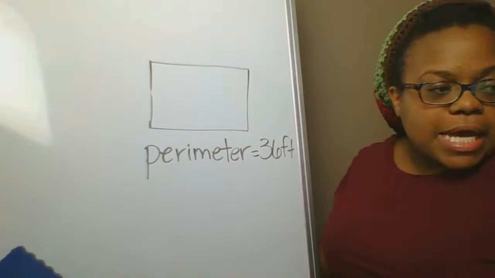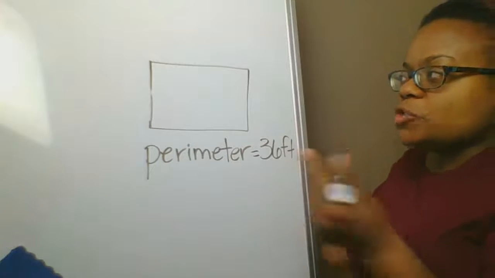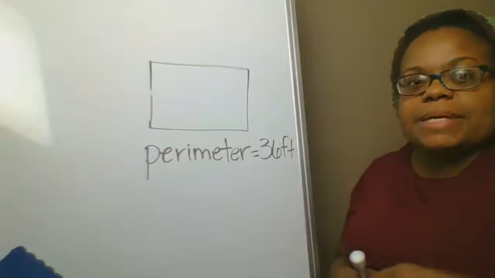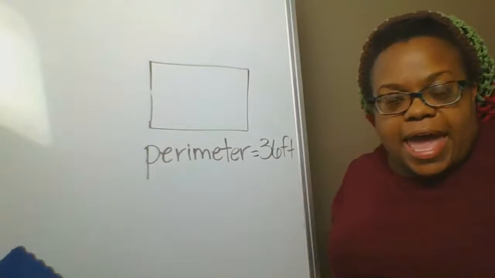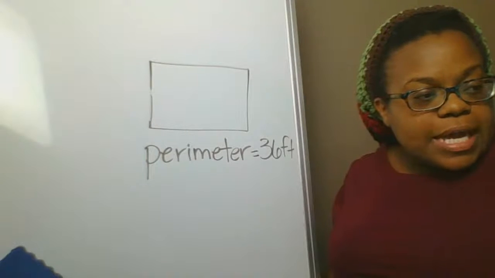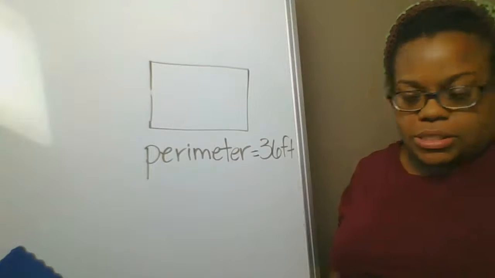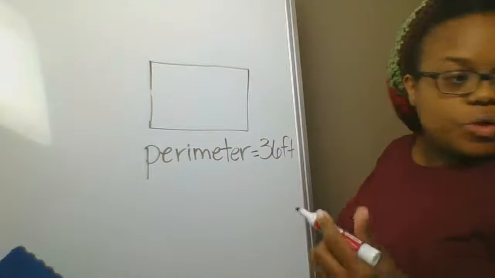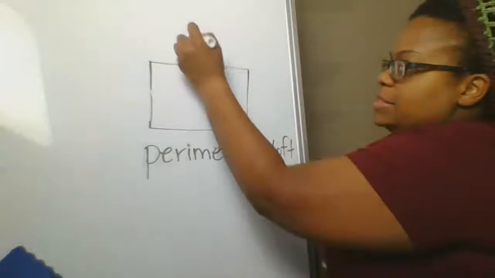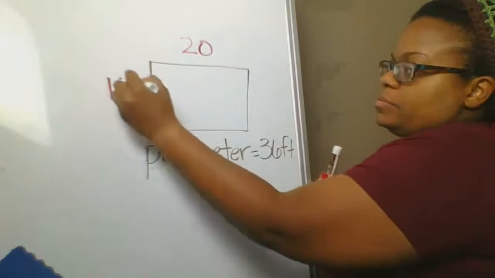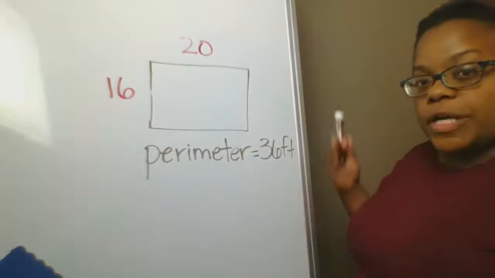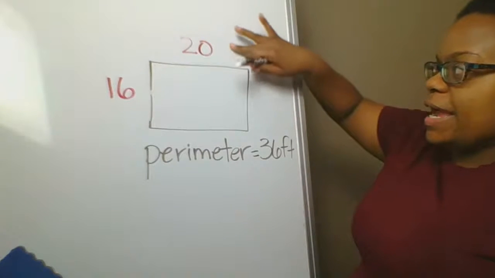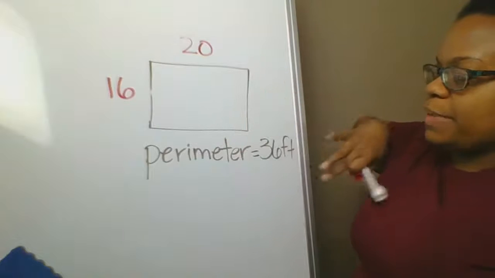Okay, so they tell me that the perimeter is 36 feet. The next part tells me, well, which one could possibly be what she has for her perimeter? So they gave you several different options. The first option they gave you was a 20 foot by 16 foot. So we know if it's perimeter, that means I have to have all of my sides covered.